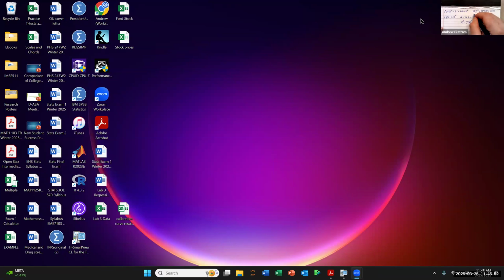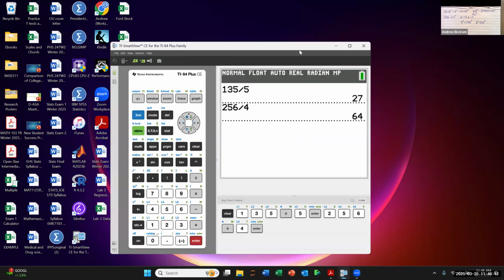So we look up here. If you did the FOIL stuff correctly, what you should have gotten was 16x squared minus 2 times 4 times 21. I'm not even going to try to do that one in my head.